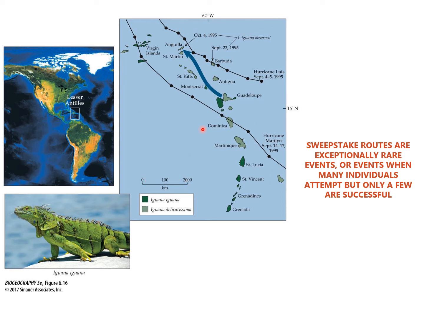So in the early 1990s, there were two hurricanes, Hurricane Marilyn and Hurricane Lewis, that hit within a week or two week period, had basically very similar storm tracks, and they ended up actually distributing a lot of these iguanas. I'm trying to remember what it was because this was actually documented.